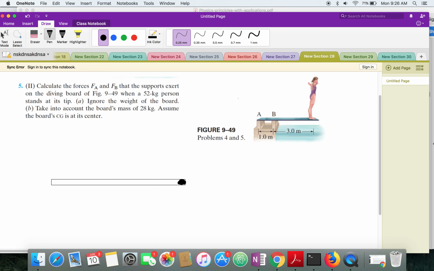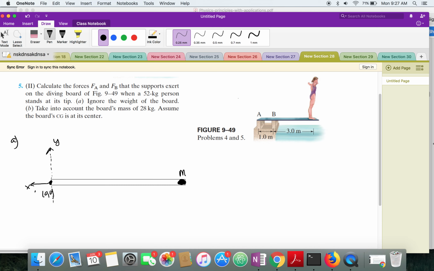We can create a coordinate axis, an XY axis. You can put the origin wherever you want, so it doesn't really matter. I'm going to put the origin here, with the x-axis here and the y-axis there. This point is the origin, (0, 0).